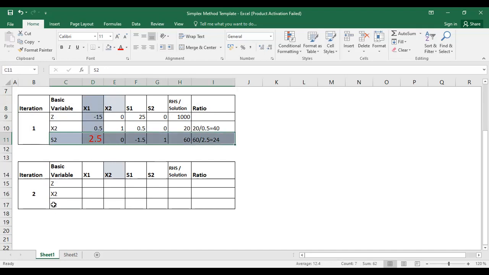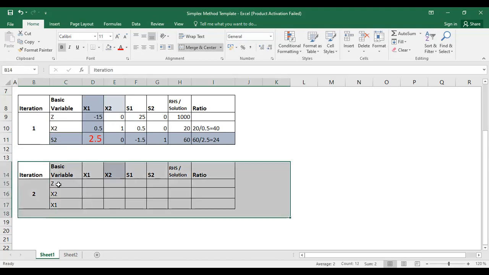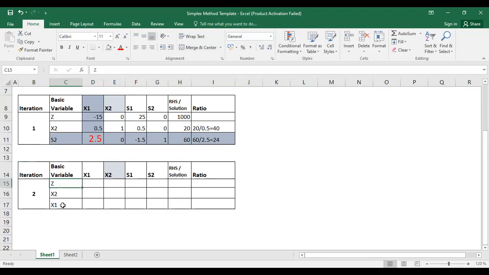X1 will now replace S2. So X1 is the entering variable, and S2 is leaving. At iteration 2, we would only have Z, X2, and X1. So this row becomes the new pivot row that we're going to compute.